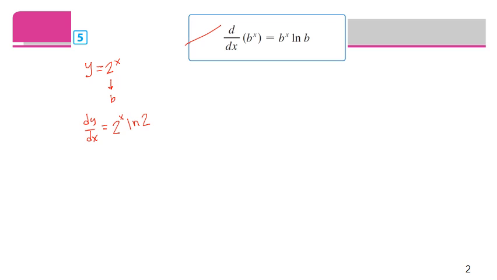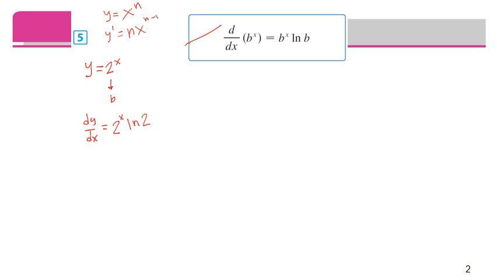So if you have another example, you may say na, di ba pwede ang power rule, ani? Power rule, if you have y is equals to x to the n, then y prime is equals to n times x to the n minus 1.